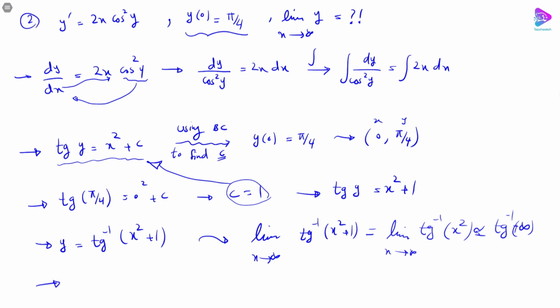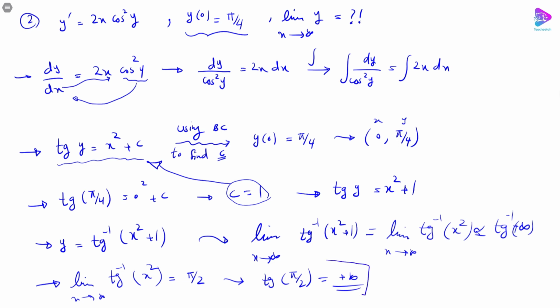So what would be the limit? It's pi over 2, because we know tangent of pi over 2 is equal to positive infinity, right? This is our final answer.